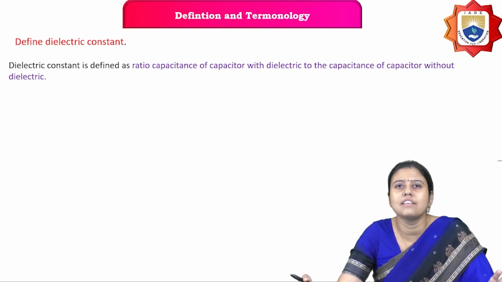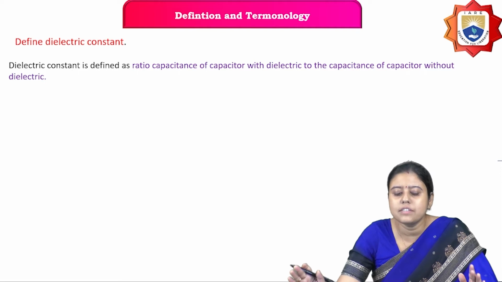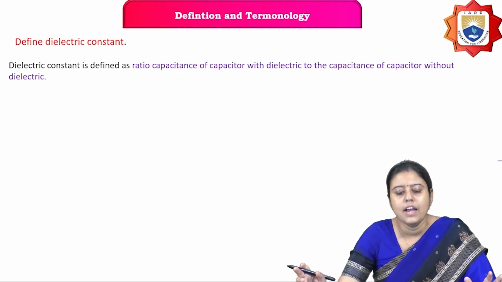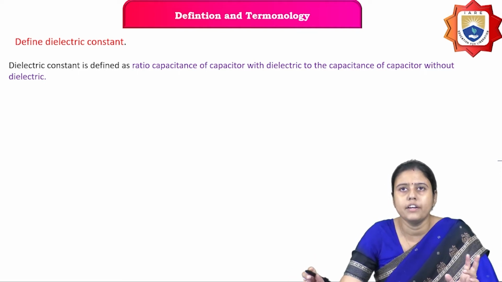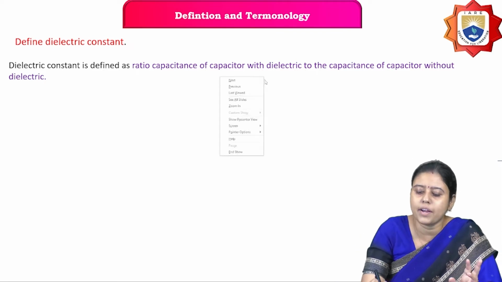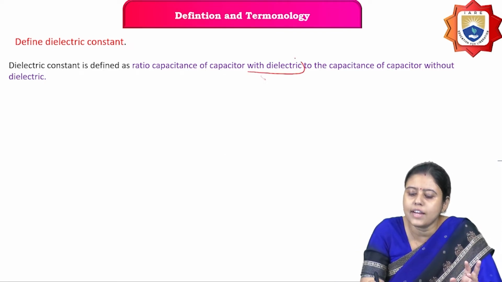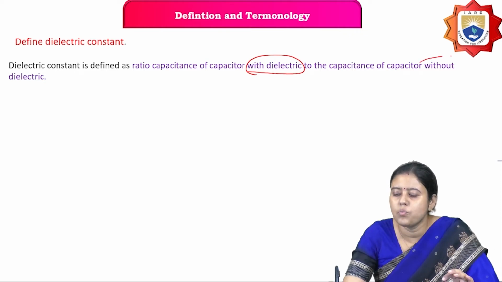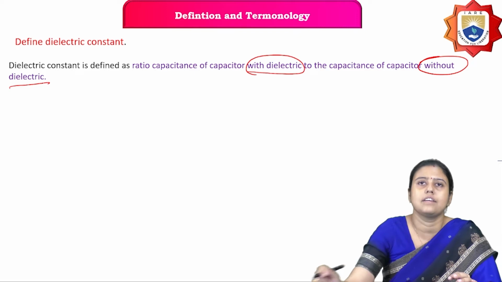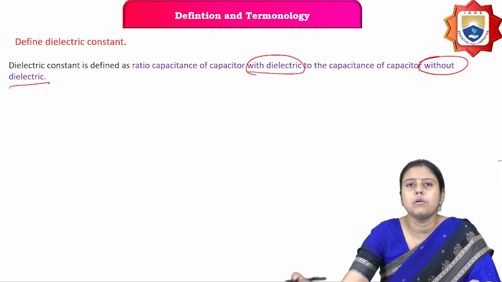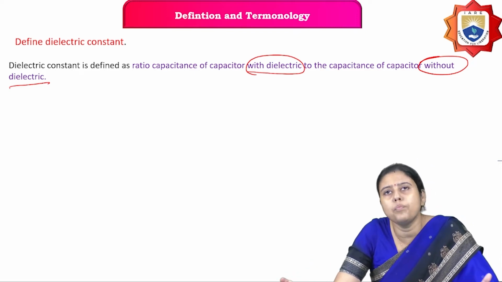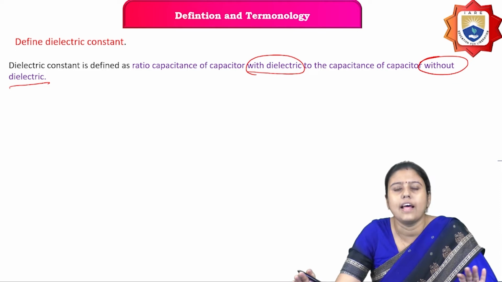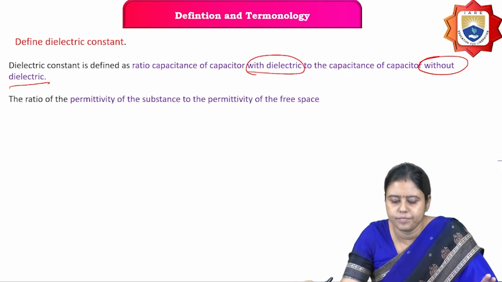The definition is a little bit clumsy, so please try to understand. Without dielectric means between two parallel plates there is nothing but air.